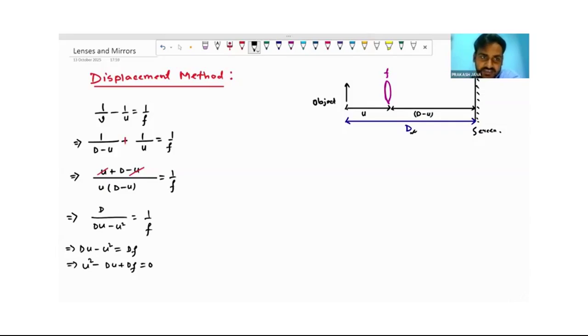We have a quadratic equation in u. Now we will solve this to find the value of u.